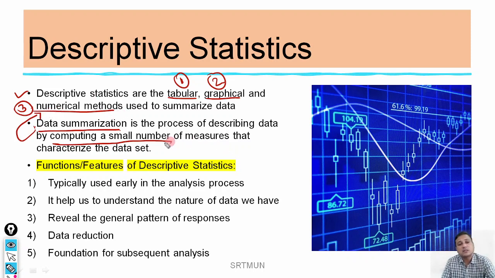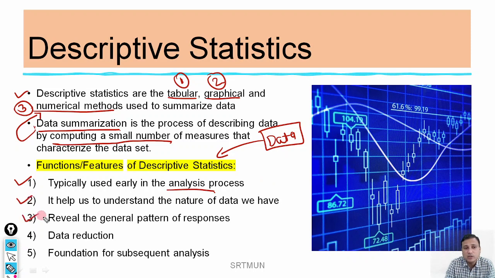Fine. What are the functions or the features of descriptive statistics? Descriptive statistics are typically used early in the analysis process. So suppose I have data with me, then I should go with descriptive statistics first. And why so? Reasons are mentioned here in points number 2 and 3.